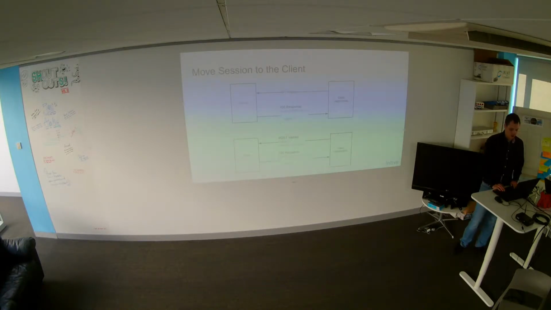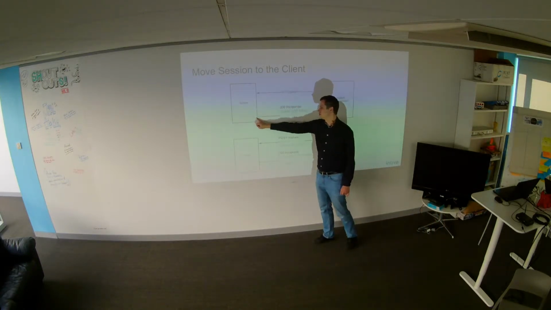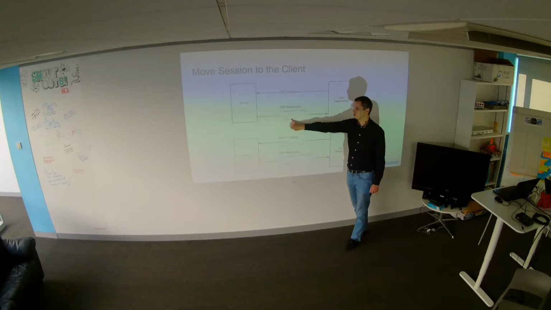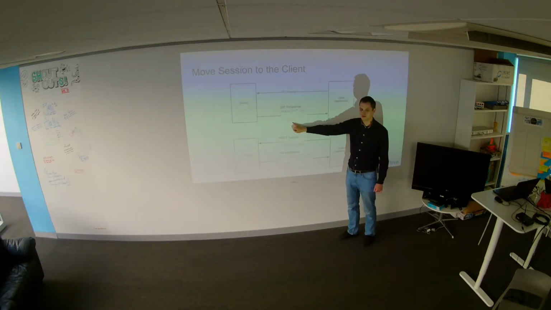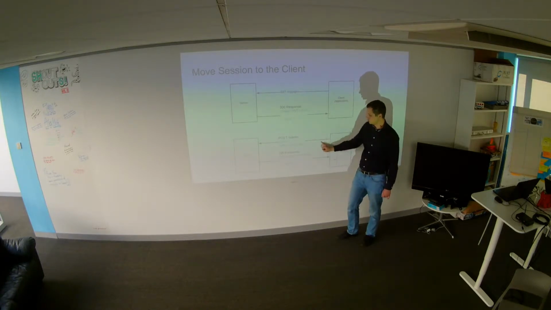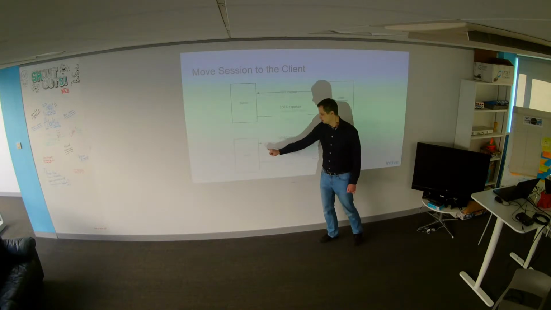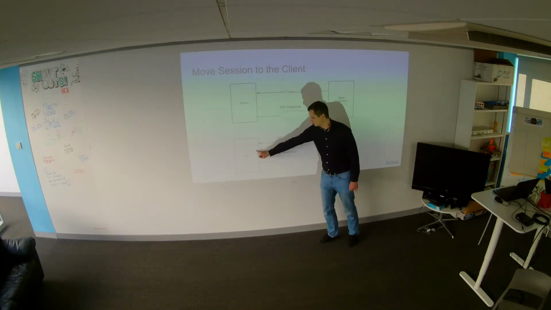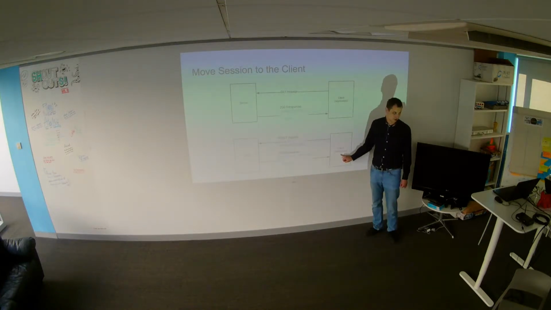So it cannot be played around. Okay, so for example, moving session to the client would look like this. The client makes some call, the server instead of issuing a session ID issues a JWT token that holds some value in the payload. If the client wishes to change this value or it changes for some reason, let's say to 2, then this token is reissued with a new value and a new signature.